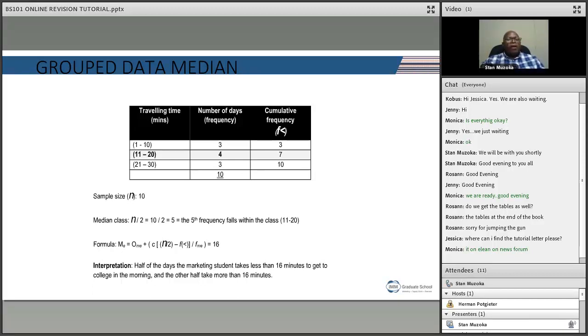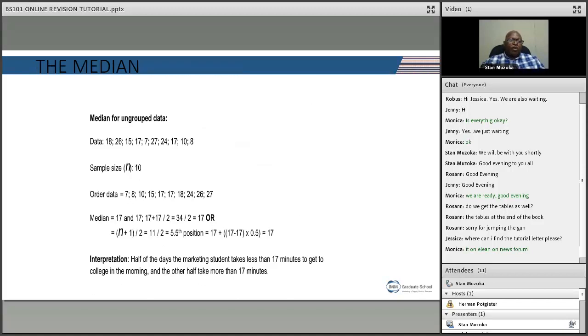To me, it is much more sensible to always use n plus 1 over 2, because it will always tell you that the median value is between a particular observation and another observation.